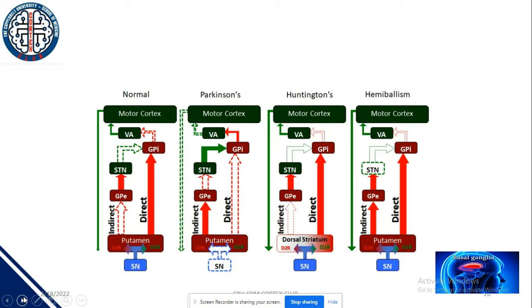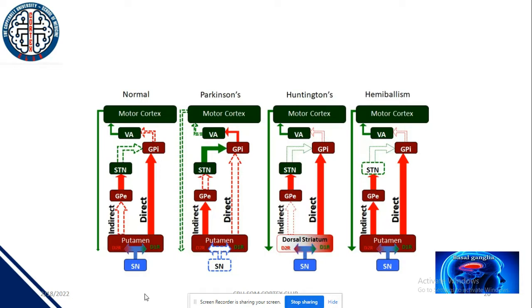Now, under normal circumstances, we have the direct pathway and the indirect pathway working normally. But in Parkinson disease, the main thing we're going to focus on is down there where we have the substantia nigra. So if there's a lesion in the substantia nigra, we're going to have Parkinson disease.